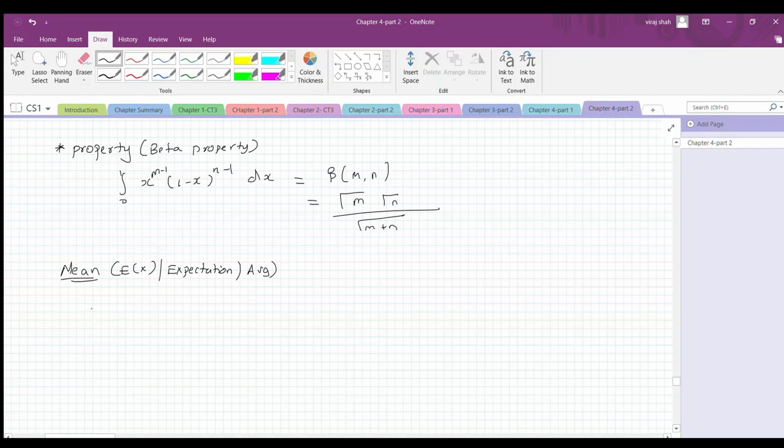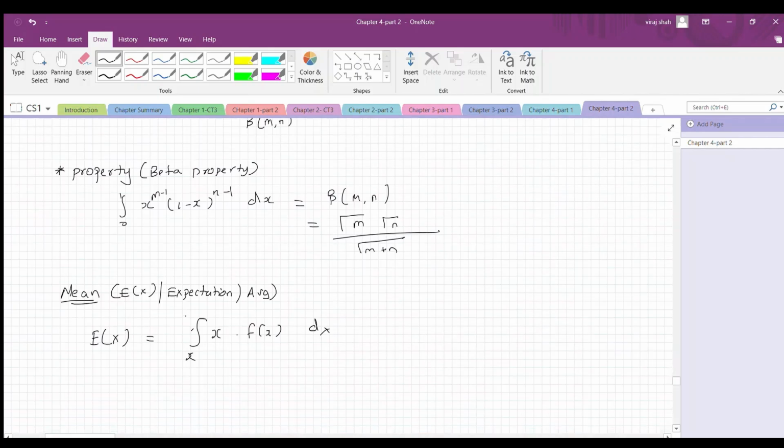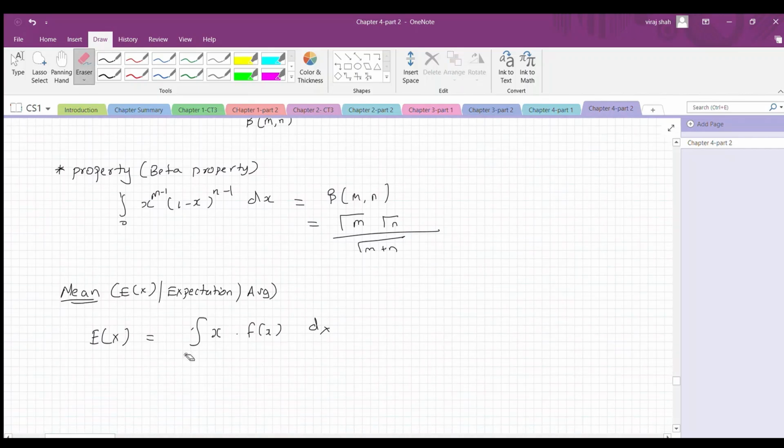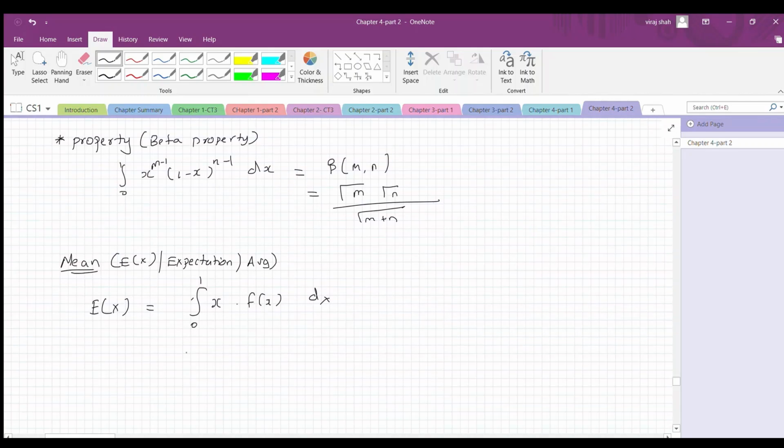So what was the formula for expectation of x? It was x into f of x, summed over all values of x. What are the values of x? It is 0 to 1. So let me just write 0 to 1. This is the formula for expectation of x.